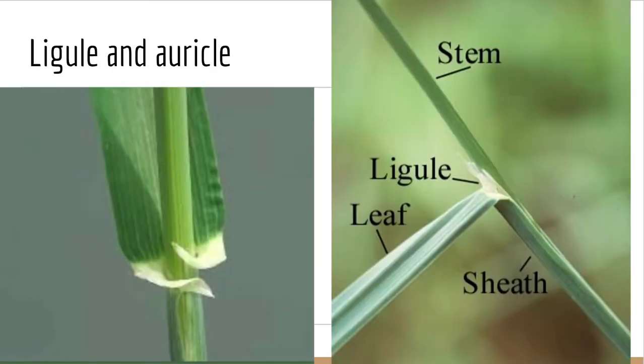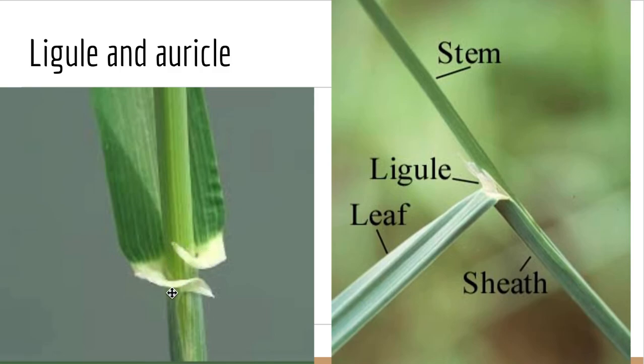Focusing on the ligule and auricle, on the left you have a zoomed in picture of an auricle. You can see that they are very distinct. This white bit here, very distinct, and it wraps around the stem.